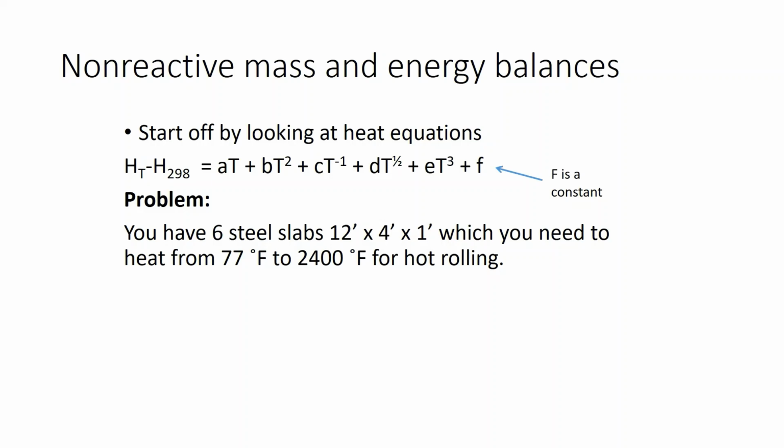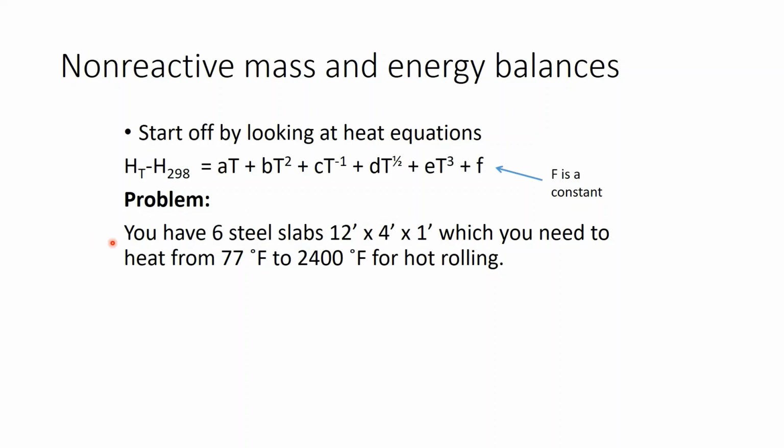So now let's do a non-reactive mass and energy balance. It's more of a non-reactive energy balance, but anyway, we want to look at the heat equation, so we're going to be using the enthalpy equation to solve this one.